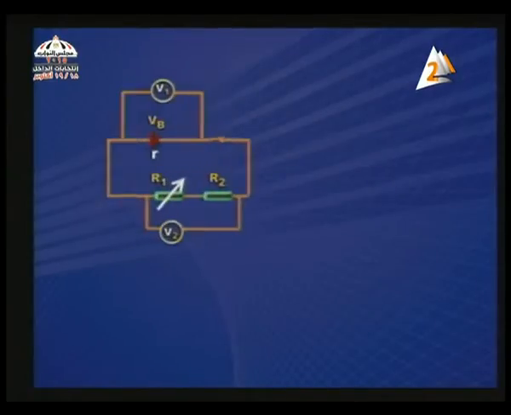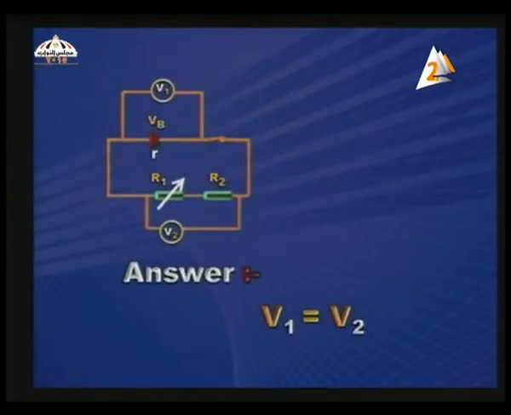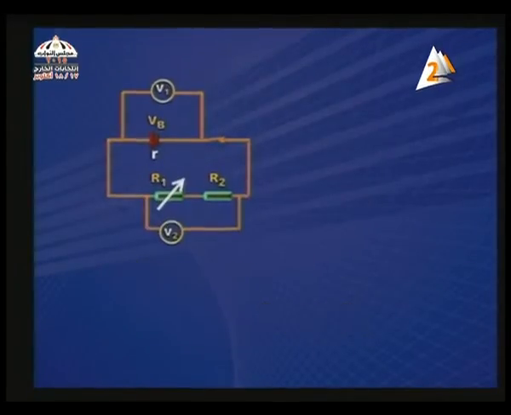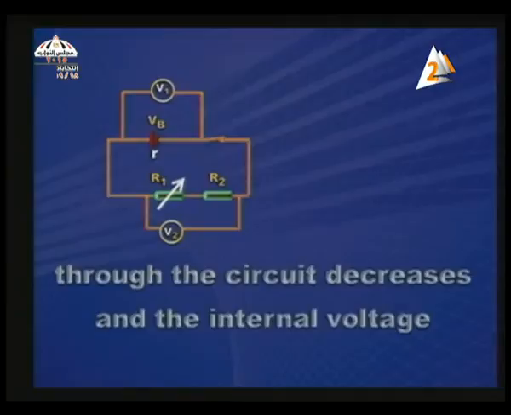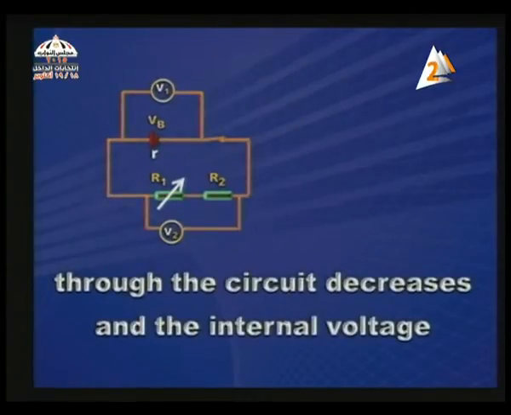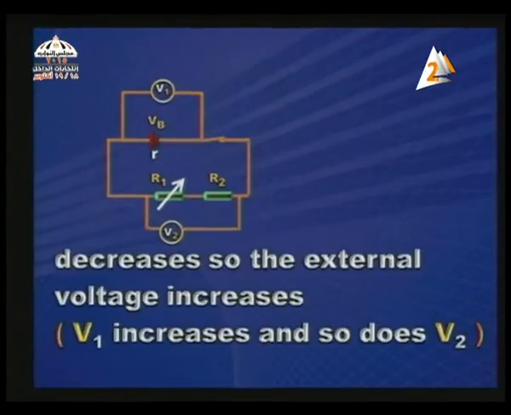Once again, V1 equals V2. They are the terminal voltage across the external resistance. When R1 increases, the current through the circuit decreases, the internal voltage decreases, so the external voltage increases. So V1 increases, and of course V2 increases because both of them are the same.